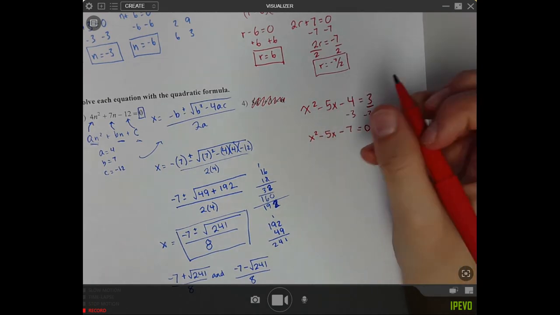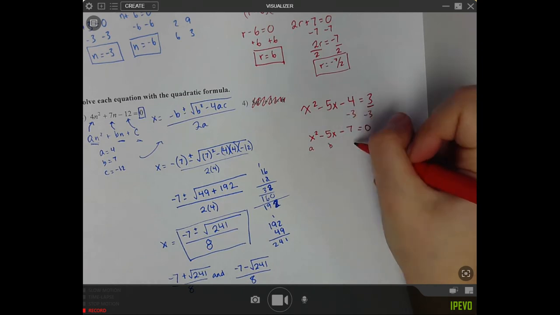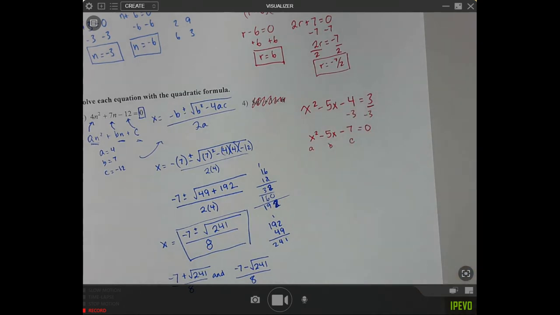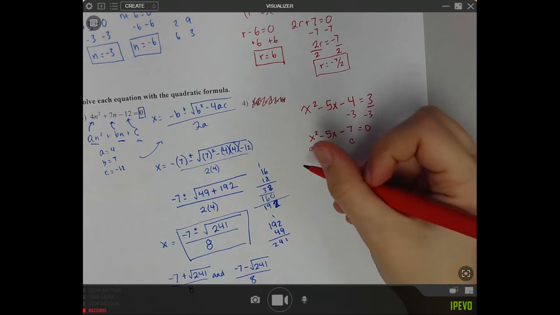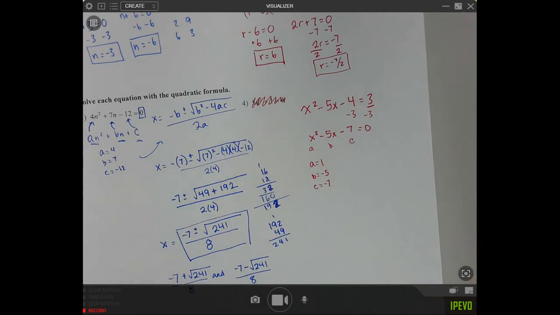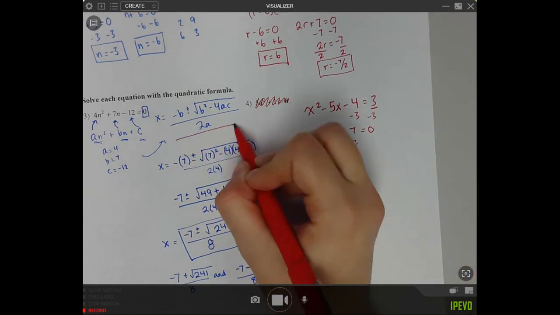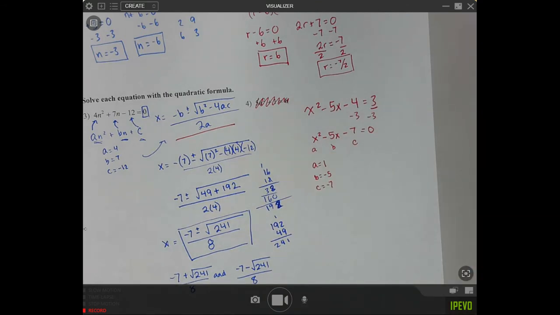Remember, a is going to be the thing in front of x squared, b is going to be the thing in front of x, and c is going to be the thing without anything else. So a is going to equal 1, b is going to equal negative 5, and c is going to equal negative 7. So we're going to plug this into our formula one more time. I'm not going to rewrite it.